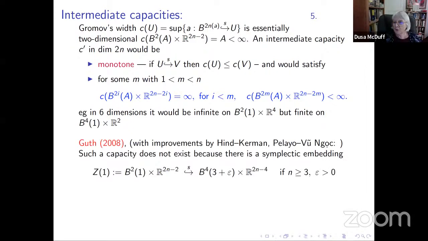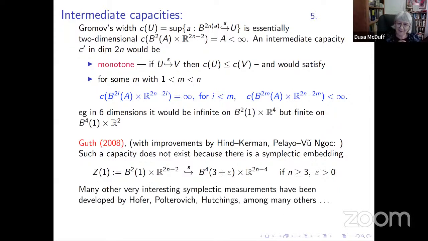And it was shown that this couldn't exist by Guth constructing a very clever symplectic embedding. And after improvements by Hind-Kerman and Pelayo-Ngoc, they found a symplectic embedding of a cylinder, so that's a 2-dimensional disk times, say, R^4, embedded into a 4-dimensional ball, which has to be of size slightly bigger than 3, times the remaining dimensions, R^2 in this case.